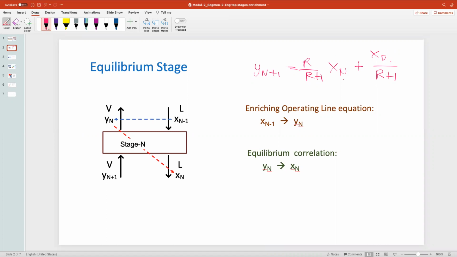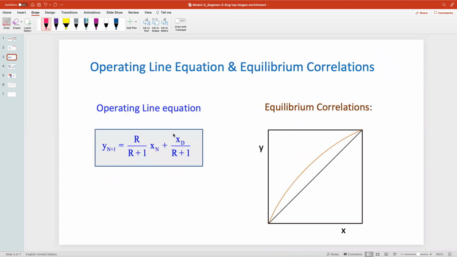So once we know the xn, we can get the yn. Also here, if we have the xn minus 1, we get the yn. For the equilibrium calculation, if we know the yn, we can get the xn from the equilibrium. Okay, so then usually we put it into a graph.